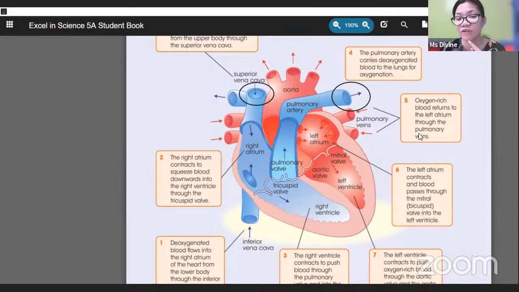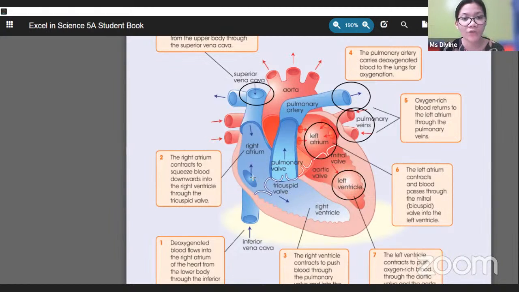And then we have here the pulmonary veins, these 2 tubes. This pulmonary vein is also connected to your lungs. So the blood that mixed with oxygen in your lungs will go inside your left atrium, going down to your left ventricle. So from left atrium it will go into left ventricle.